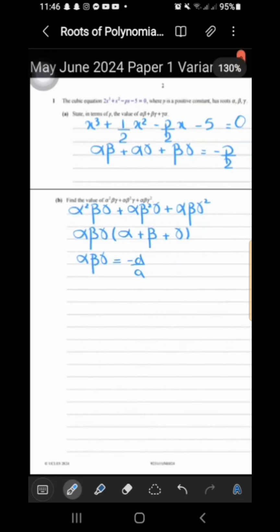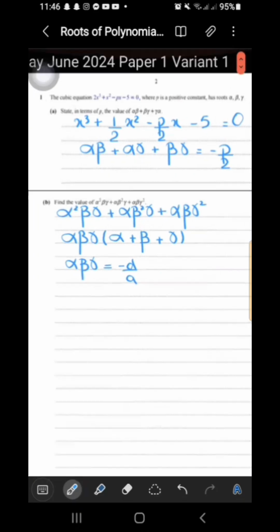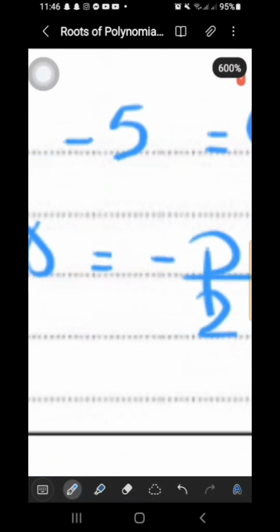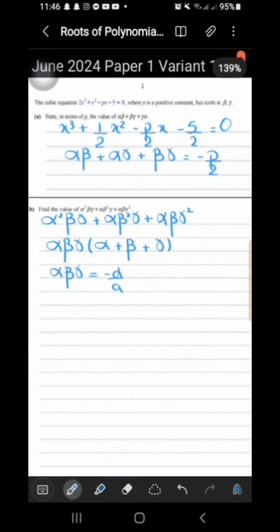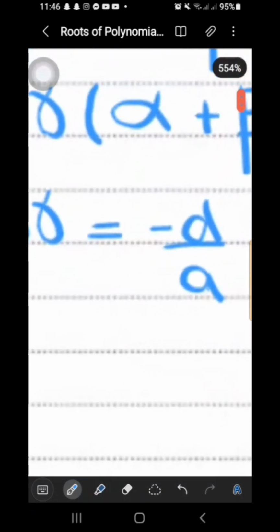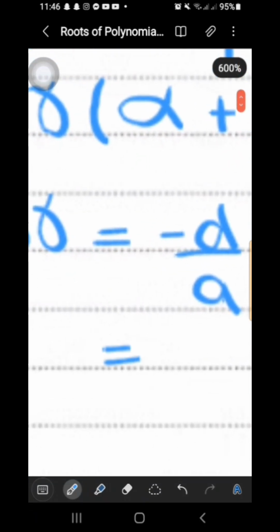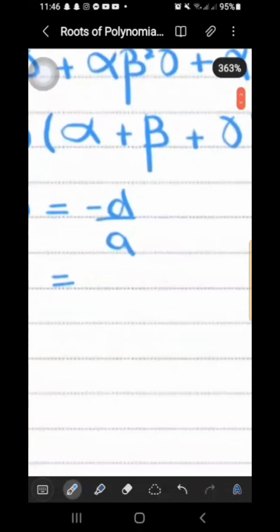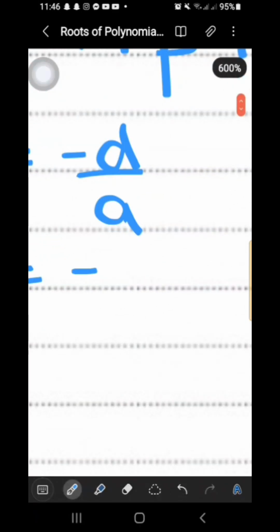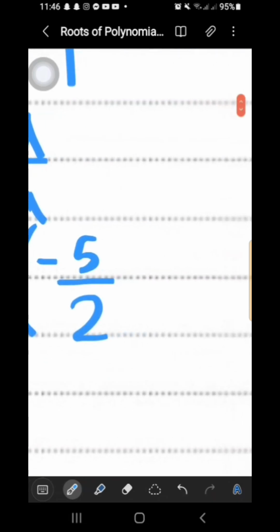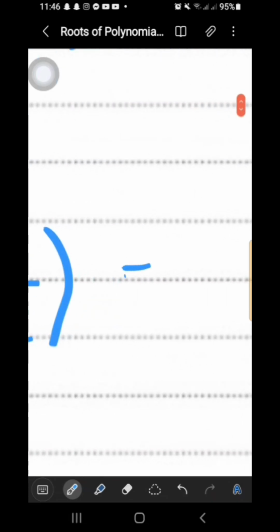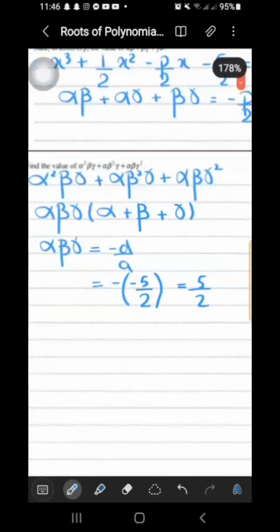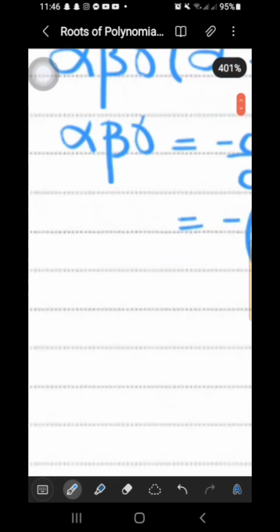Oh, there's a mistake, I didn't divide the 5 by 2. So here we are in the form, and we can see that it is negative, negative 5 divided by 2, so it is 5 divided by 2. We will move ahead with the solution.